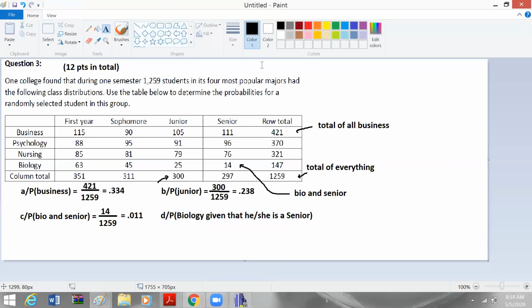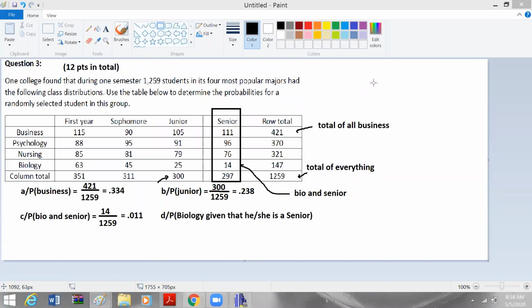So when it comes to the given, we need to circle this, right? Given that she is a senior, so we need to, oops, I'm sorry, we need to box the column that is given. Remember, we need to box the column that is given, and the total number of the given that we can check is 297, right?